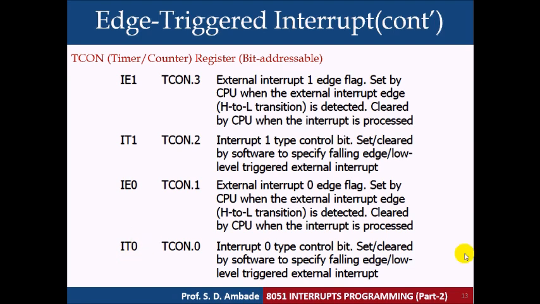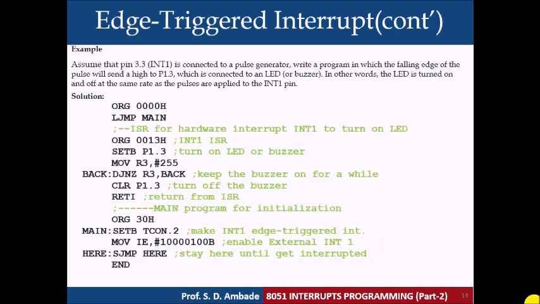Otherwise, by default, the value of these bits is 0, which means the interrupt will act as a level trigger interrupt. This is an example of an edge trigger interrupt. Assume that pin 3.3, INT1, which is related to interrupt 1, is connected to a pulse generator, where the incoming pulses will arrive at pin 3.3.